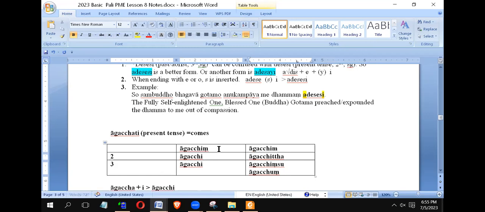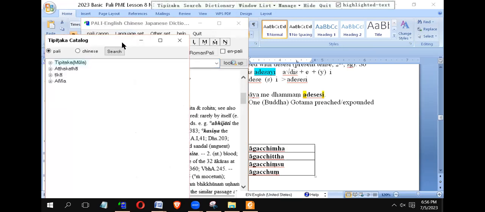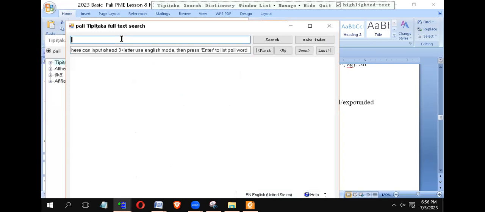Long A or short A? Maybe long A or short A. We are not so sure. So let me check.